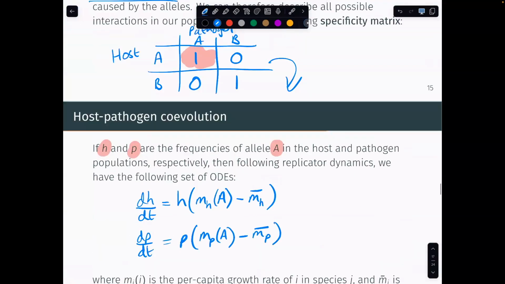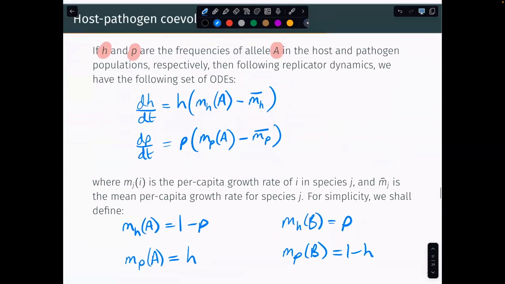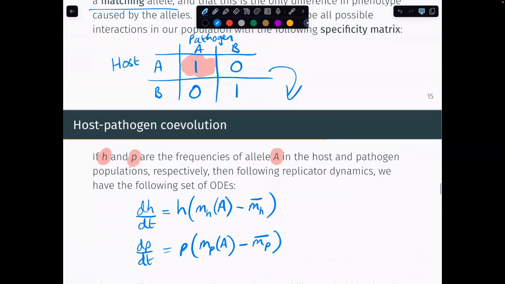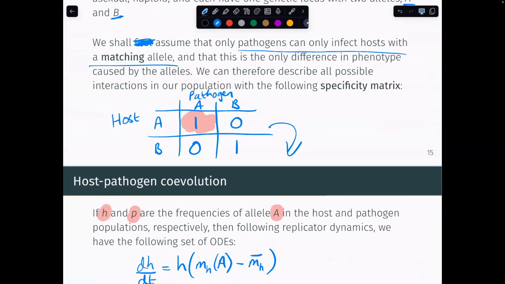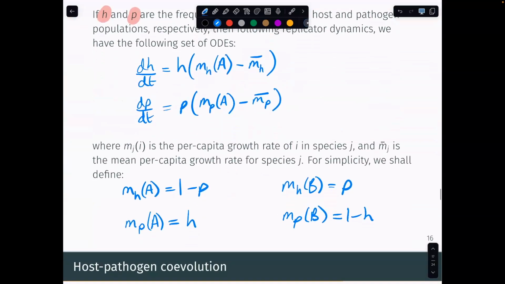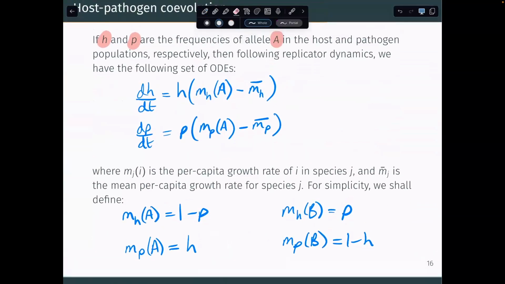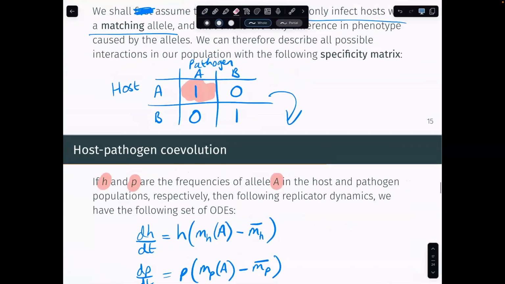Or rather, this is one particular way of defining these fitnesses. There are many different ways in which I could define these fitnesses, or per capita growth rates, because they're the same thing, coming from the same matrix. For example, I could say that all of these were like e to the minus something, right? So there are many different ways in which one could do that, but they would all still represent this same specificity matrix here.